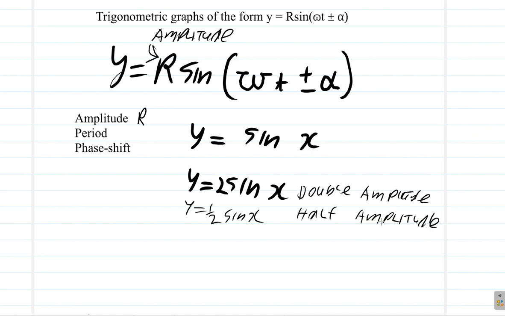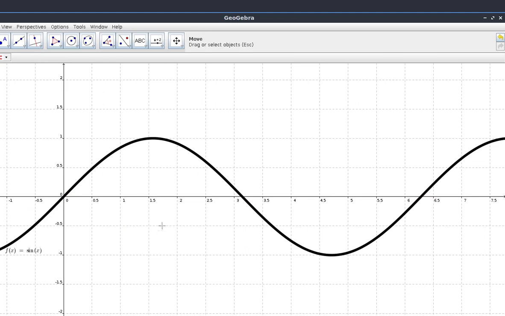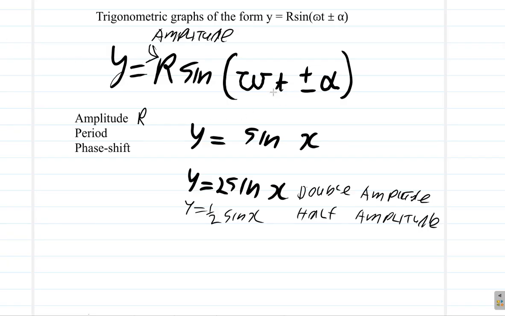So you saw that r is the amplitude. Now let's go back to having only our original graph. So let's erase this graph and let us make a change to omega.